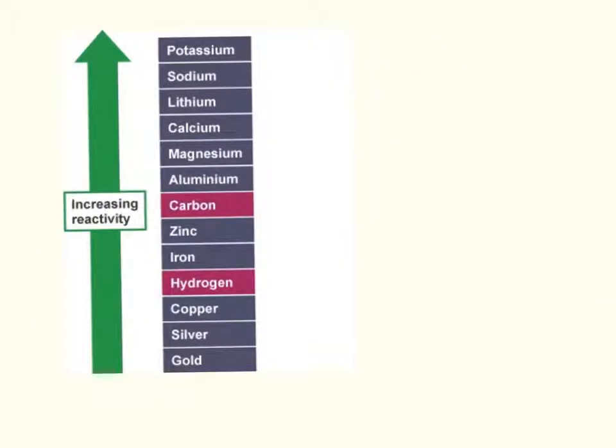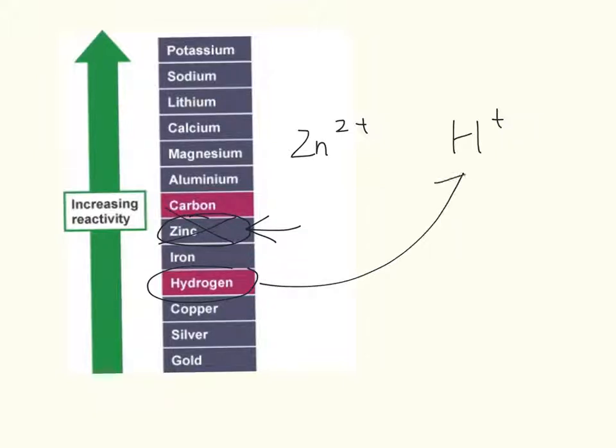We have a look here at the reactivity series. So let's say we are talking about zinc, for example. So we've got zinc and hydrogen ions in our solution. And we need to decide what gets made at the cathode. Well, we look at where they are. Now, zinc is higher than hydrogen in the reactivity series, which means that hydrogen gets made at the cathode and zinc does not.